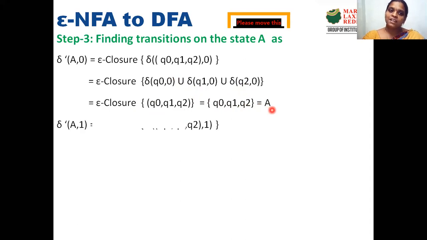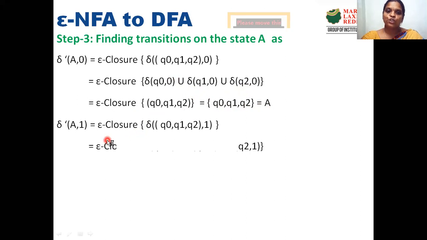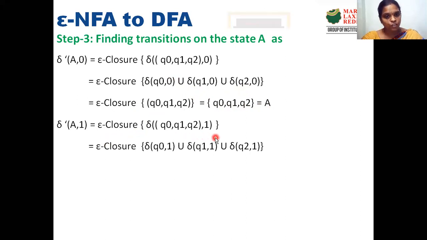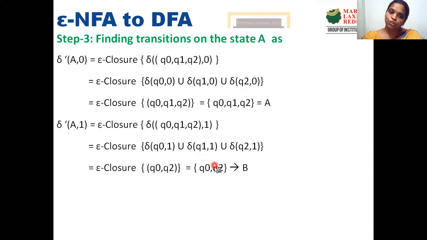Now, finding the transition of A comma 1, from state A on the input symbol 1, it is the epsilon closure of Q0 on 1 union Q1 on 1 and Q2 on 1.